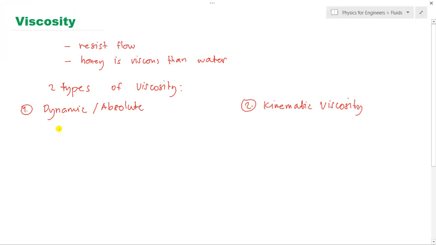Now let's derive the formula for the dynamic or absolute viscosity.